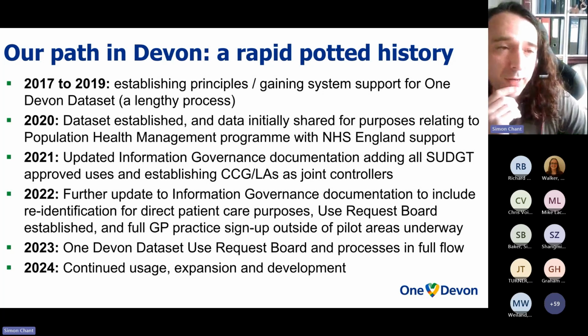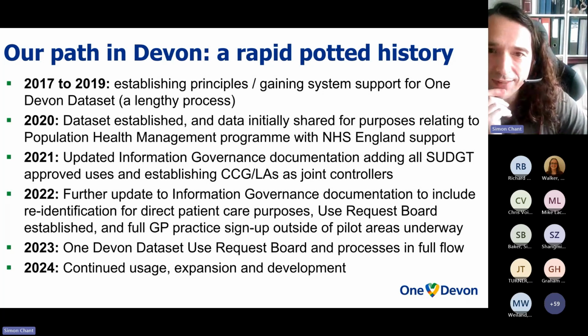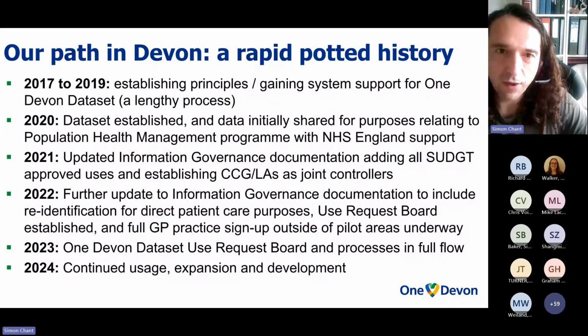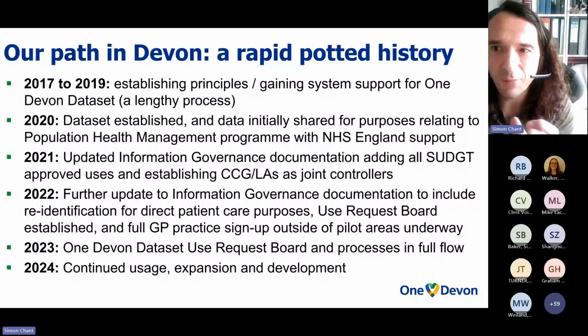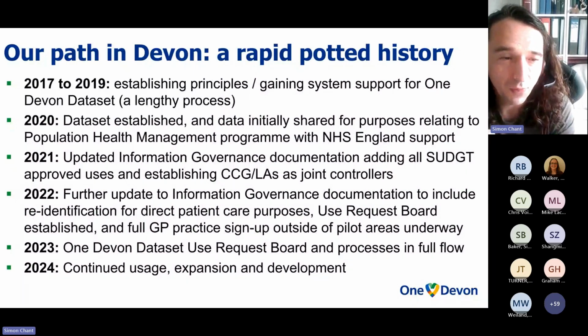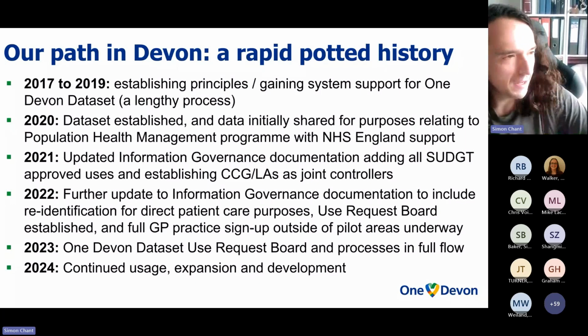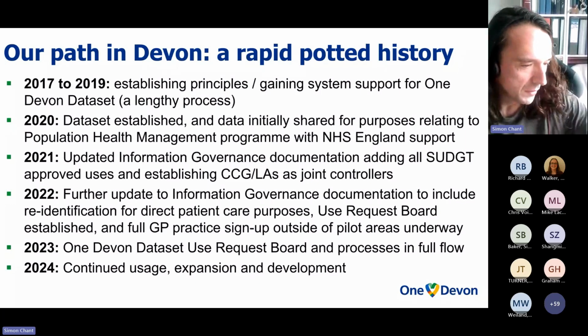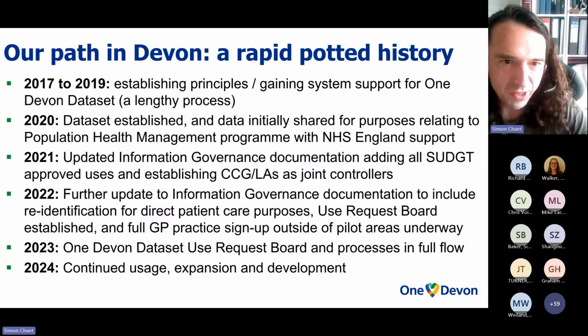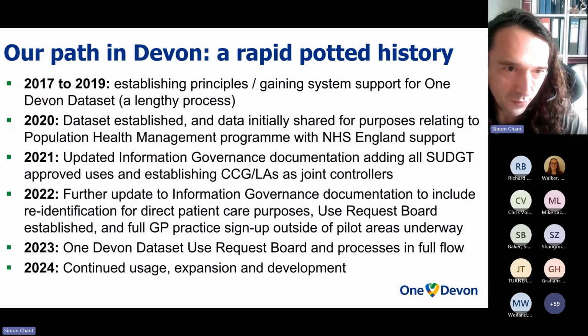So really from 2017 through to 2019, there's a lot of time and quite a long process in terms of establishing the principles and gaining that wider system support for One Devon dataset. So a lot to process and think about there in terms of organisations, what they would do with the data, and actually getting the right infrastructure and documentation in place to enable everyone to do that.